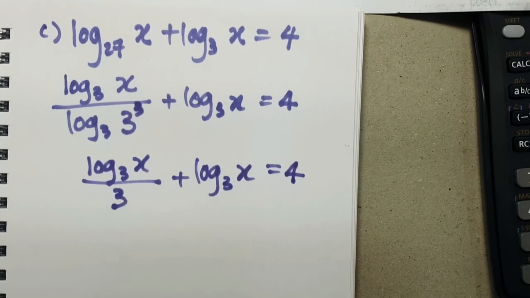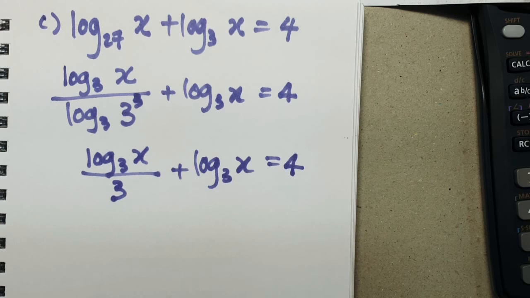Now, notice that both terms are log base 3 of x, so we can actually combine these two. Multiply both sides with 3 to get rid of the fraction.